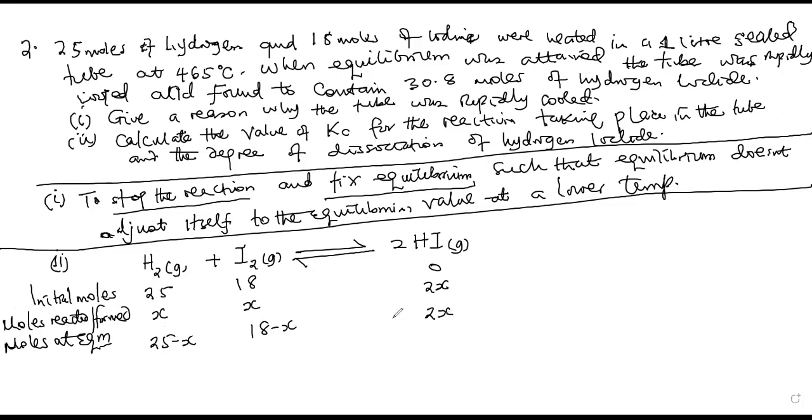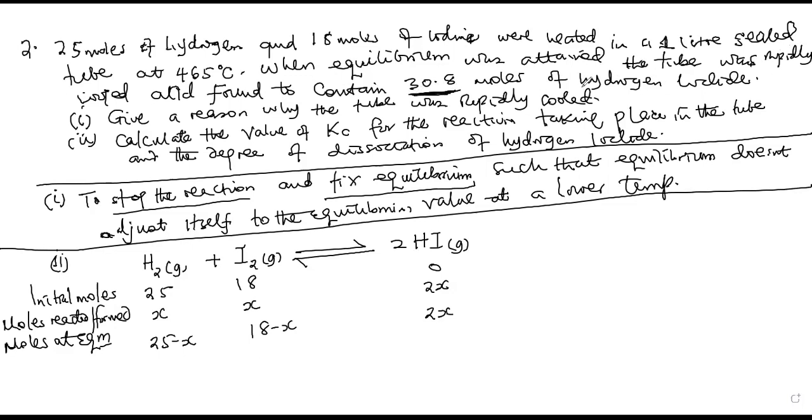Before that, the question says that after equilibrium being attained, the tube was rapidly cooled and found to contain 30.8 moles of hydrogen iodide, meaning at equilibrium, this tube contained 30.8 moles of hydrogen iodide. Now, we need to get the value of X first by using this information.